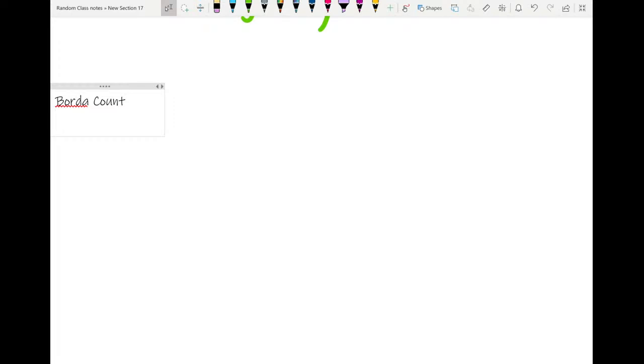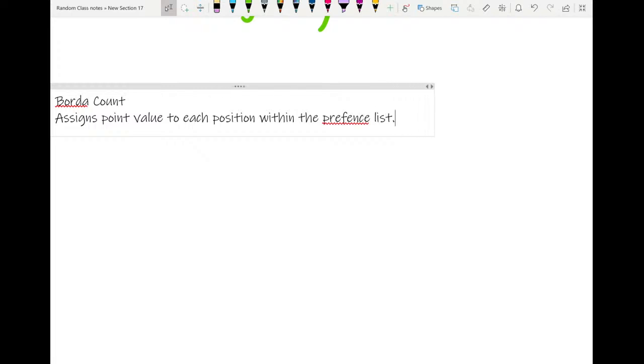So it assigns a point value to each position within the preference list. Okay.